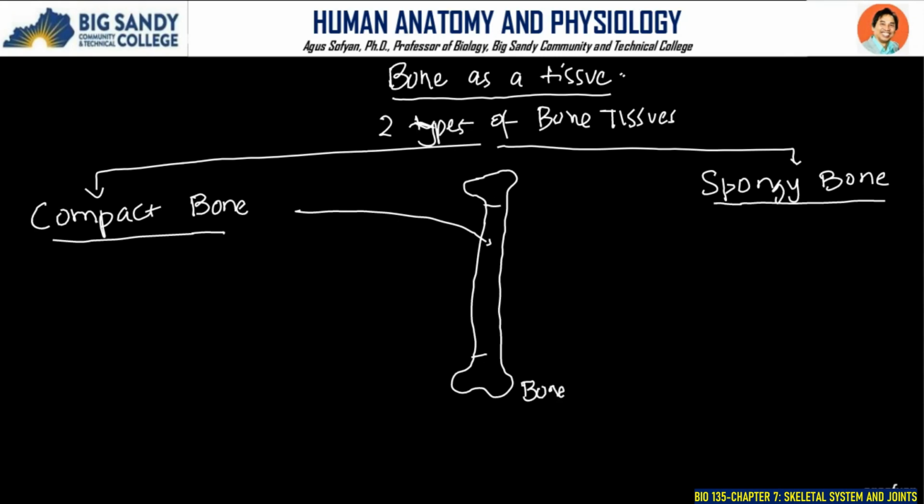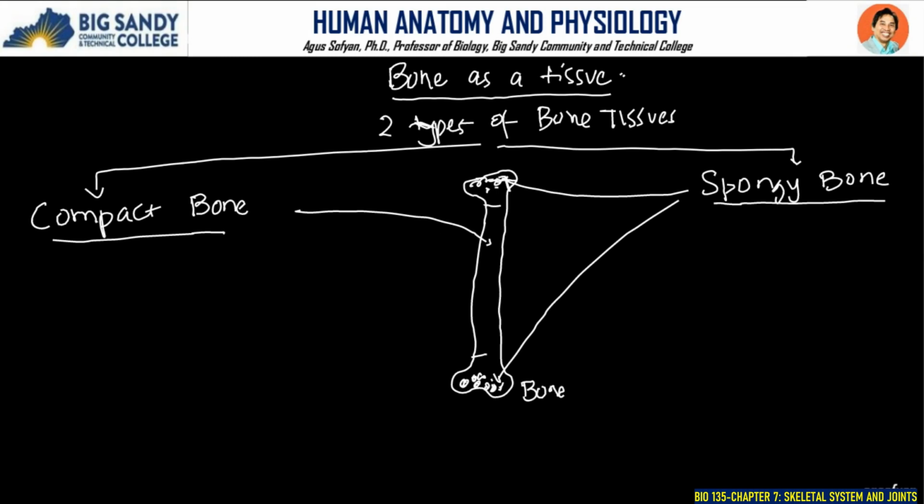And the spongy bone is mostly located at the ends of the bone as an organ, in the end area of the bones. So that's the place for spongy bone, and compact bone is mostly in the middle part of the bone.